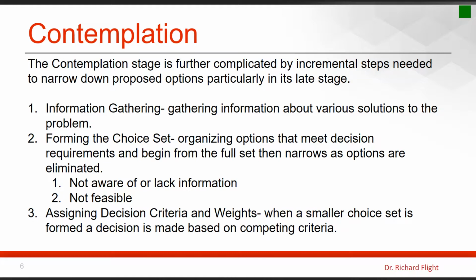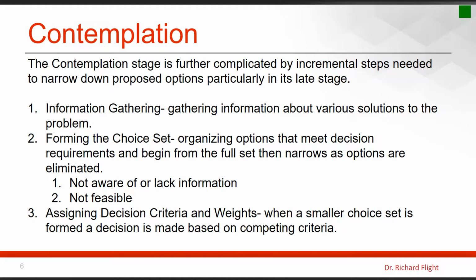So the idea here is that when we do decision criteria and weights, the consumer, while they're narrowing down their selections to solve their problem, rigorously evaluates the pros and the cons of each option, and they weight those options appropriately.